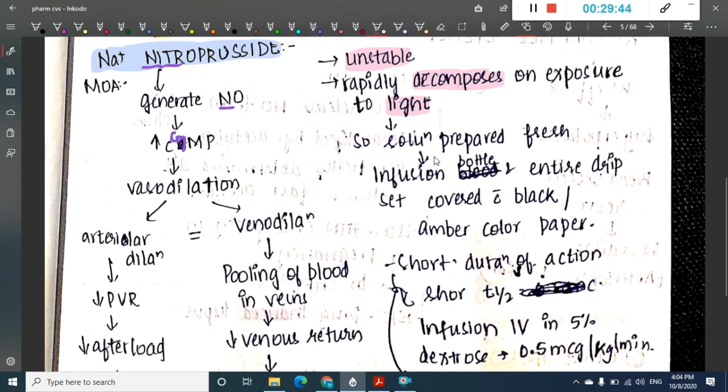In order to prevent the degradation of nitroprusside while you are injecting it IV, you will have to cover the infusion bottle and also the entire drip in black or amber colored paper. You will have to cover the entire equipment where you use this nitroprusside with black or amber colored paper, so that light does not enter the bottle.